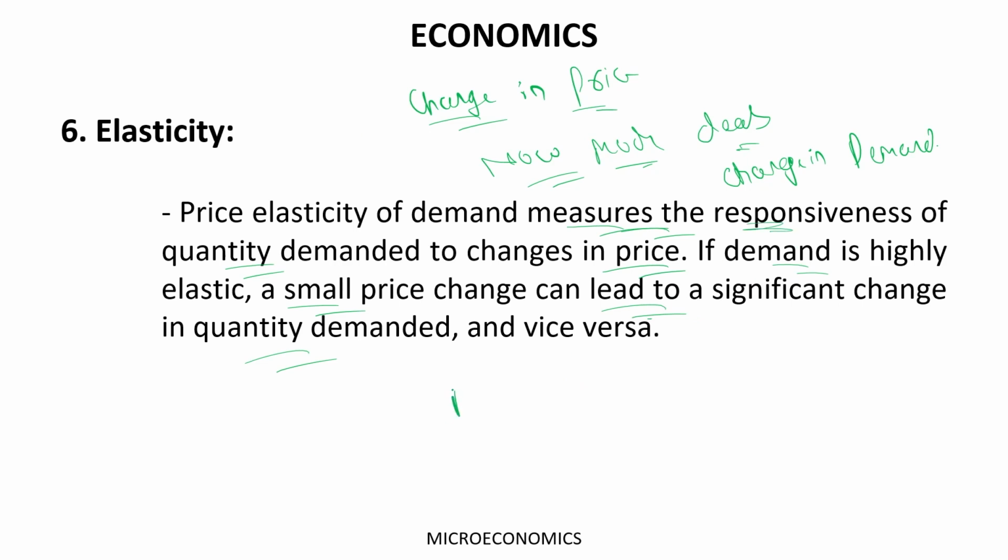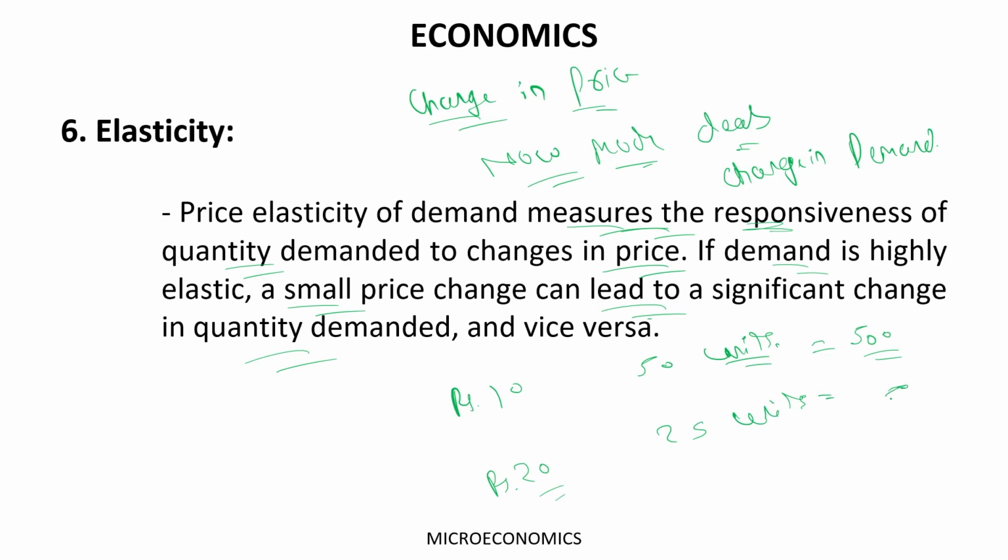Okay, like if I say rupees 10 was the price and I was buying 50 units. But now rupees 20 is the price. In the previous case, when I was buying 50 units, technically I was spending rupees 500. In this case, if this is the price, then only 25 units I could buy.